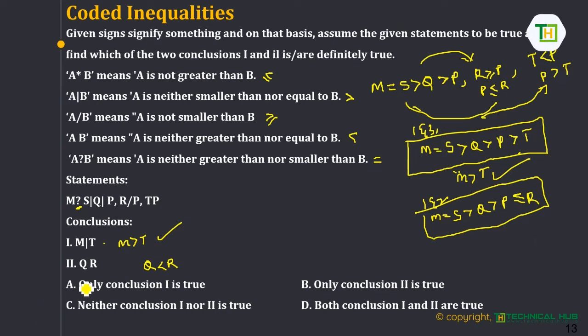Q less than R. One is greater than, one is less than or equals to. In this case the relation is not possible, it can't be determined.